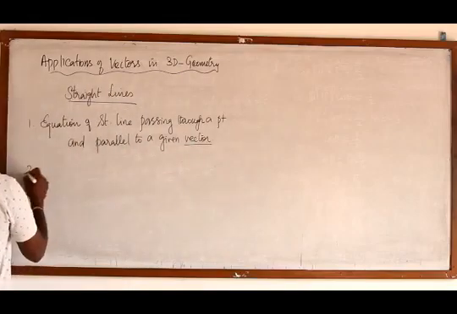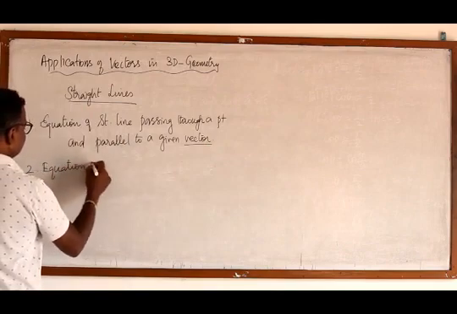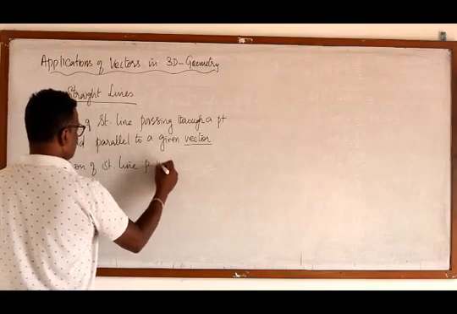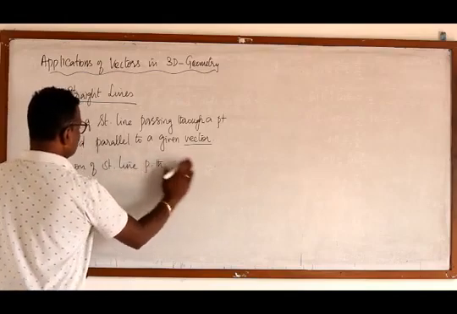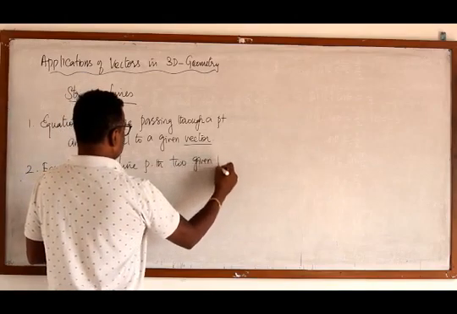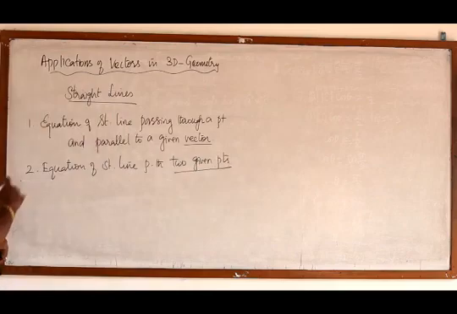This is the first one. Then the second format is the equation of a straight line passing through two given points. These are the two things we are going to study in our straight line.